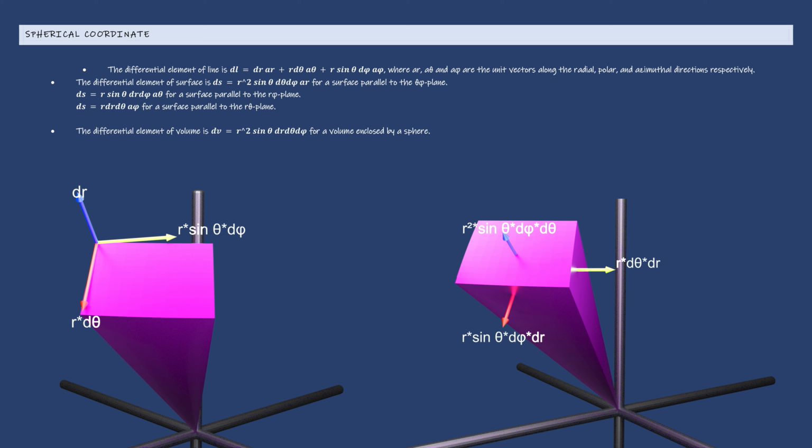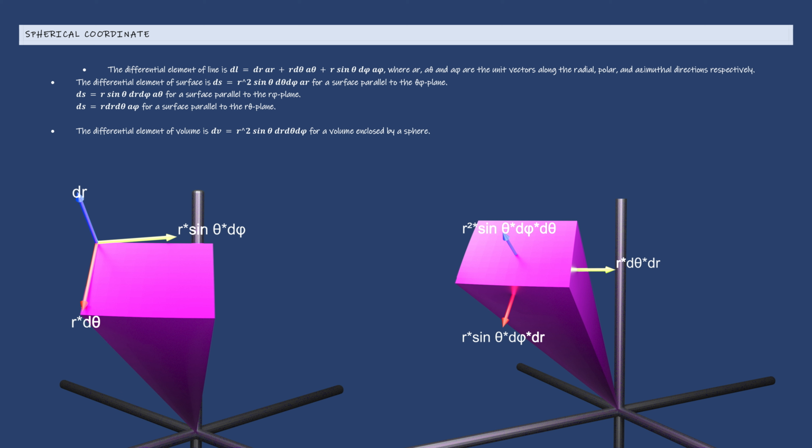The differential element of surface in spherical coordinates depends on which plane the surface is parallel to. If the surface is parallel to the theta phi plane, then ds equal r squared sine theta d theta d phi a r.